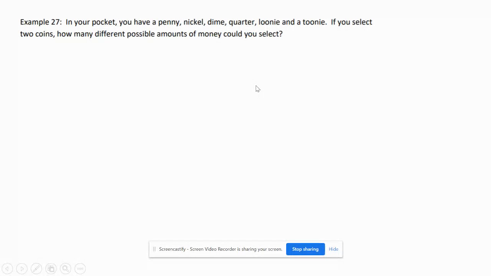$27. In your pocket, you have a penny, nickel, dime, quarter, loonie, and a toonie. If you select 2 coins, how many different possible amounts of money could you select? Okay, so here's the idea for this. Suppose you select a nickel and a quarter.